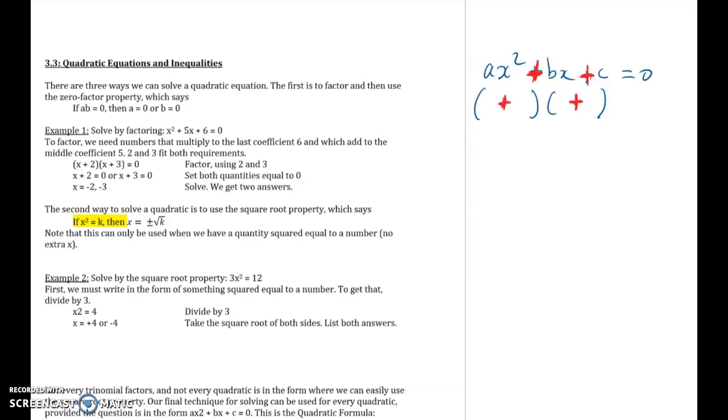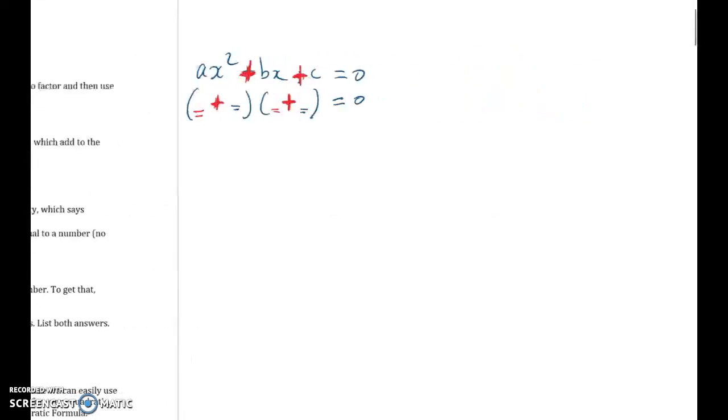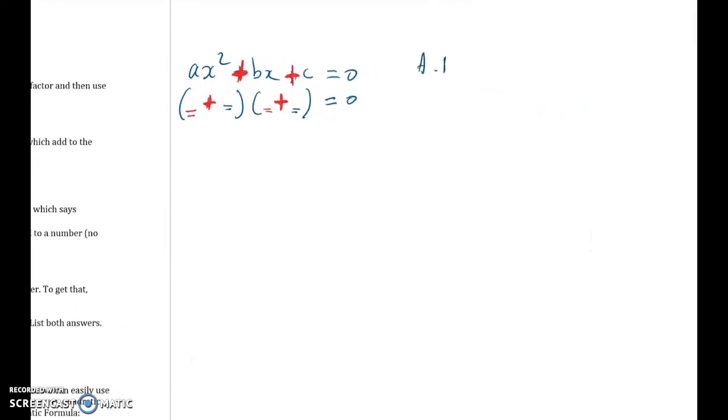Then it's just a matter of figuring out what you're supposed to have here and there. At the end of the day, you will have two parentheses, knowing that a times b equals 0 means a equals 0 or b equals 0.